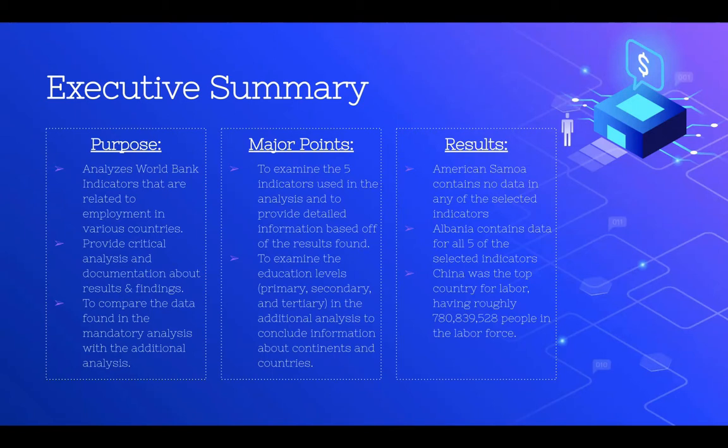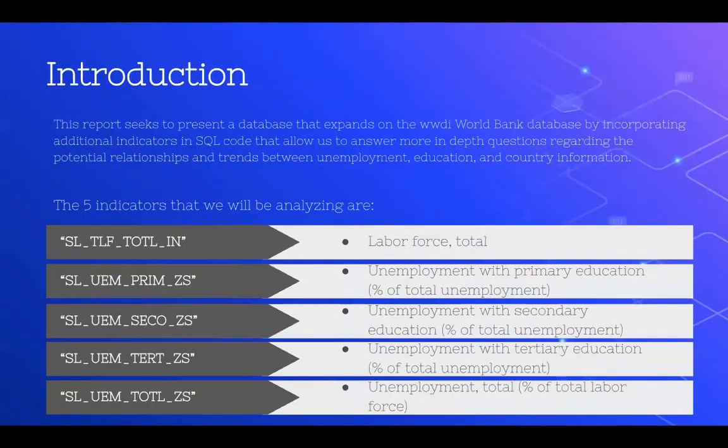We also concluded that China was the top country for labor, having around 780,839,528 people in their labor force. Here we have more details. What we did is we took the WWDI World Bank database and we expanded on it by incorporating additional indicators in our SQL code.